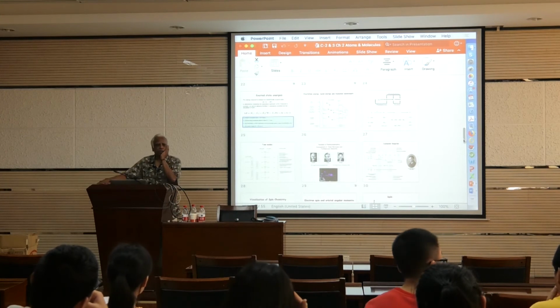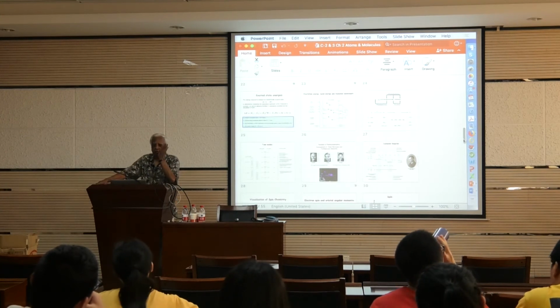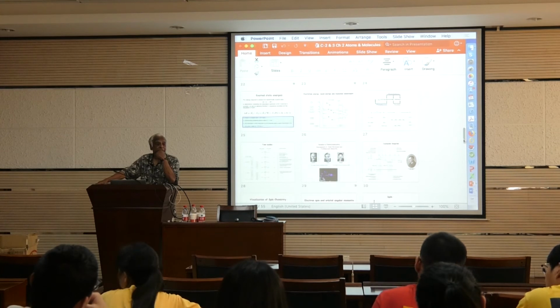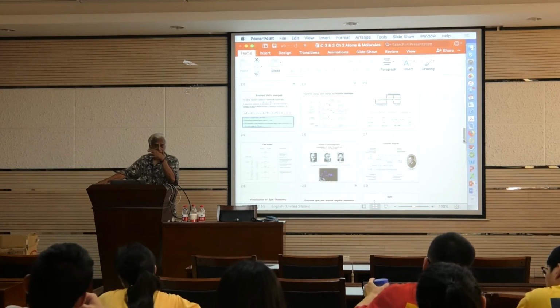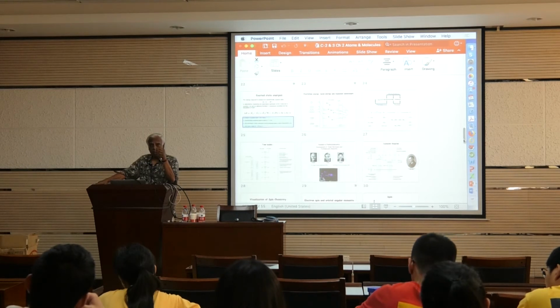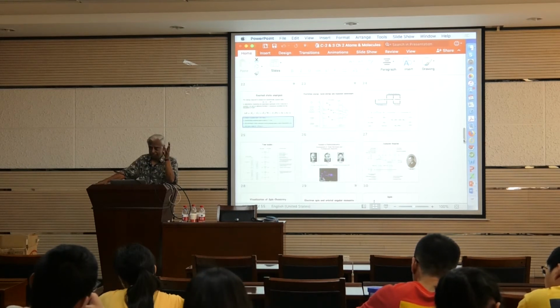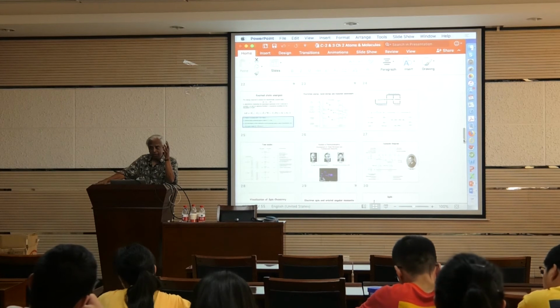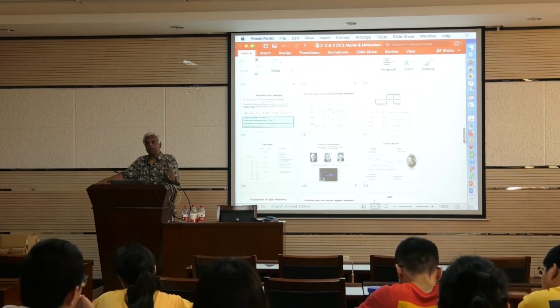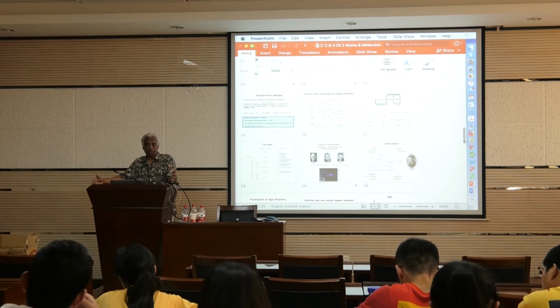As I was already mentioning, the time scales in chemistry are very important. The lifetime, which is how long a molecule lives in the excited state, or how fast it reacts, is controlled by the time scale. For example, singlet and triplet have different time scales.